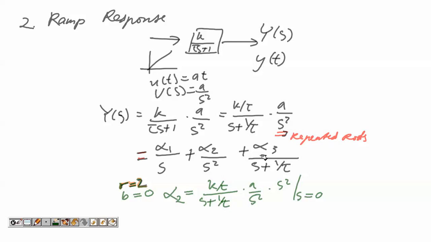So because this is from alpha r minus i for i equals 0, we got this one.